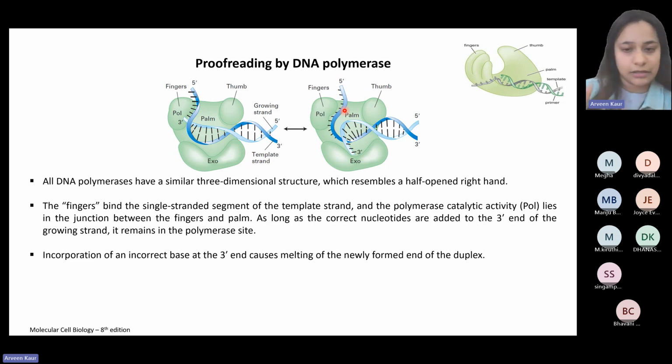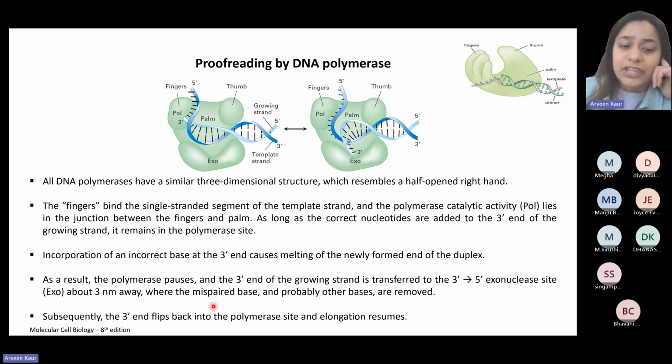So the melting will occur over here, and once melting occurs, it will leave the polymerase site and come to this exonuclease activity site. As a result, the polymerase pauses and the 3' end of the growing strand is transferred to the 3' to 5' exonuclease site. So what is this exonuclease site?